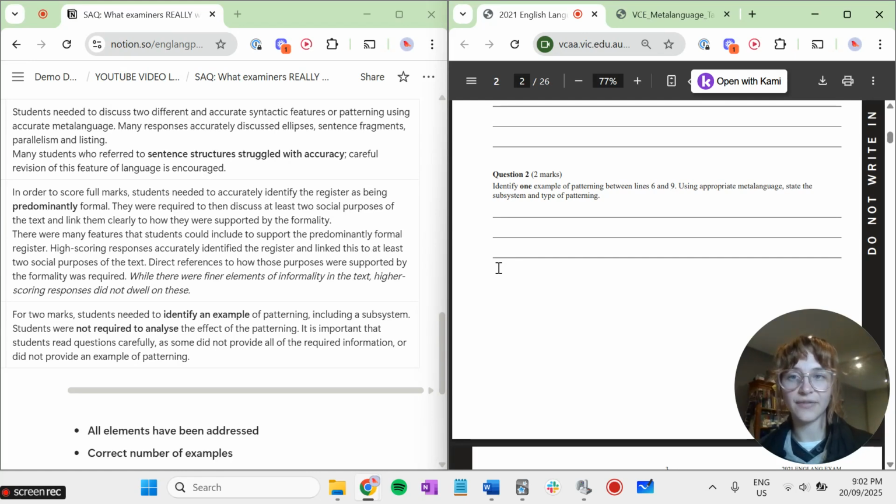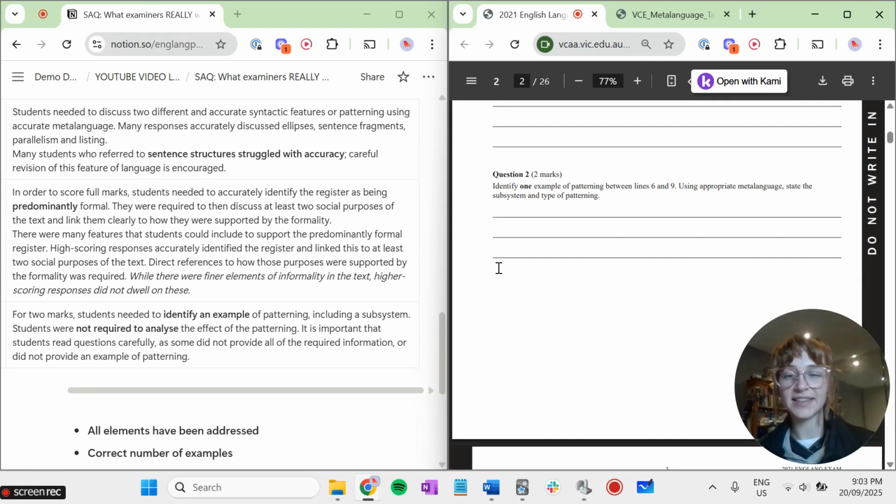This said identify, it did not say explain or analyze or discuss. And when you're asked to identify and you look at the marking scheme, it's 2 marks: 1 mark for an example of patterning, and the second mark is for the correct subsystem. So it's actually a waste of time to go further than just saying one example of syntactic patterning is listing in line 7. But that's a very rare occurrence, when it's just an identifier.